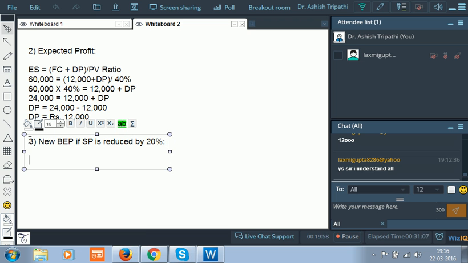We have fixed cost with us. Fixed cost is 12,000. What we want is new PV ratio. Now we'll have to think for new PV ratio. How to get new PV ratio? Sales to 20%, 12,000. The new sales that we got is 60,000.